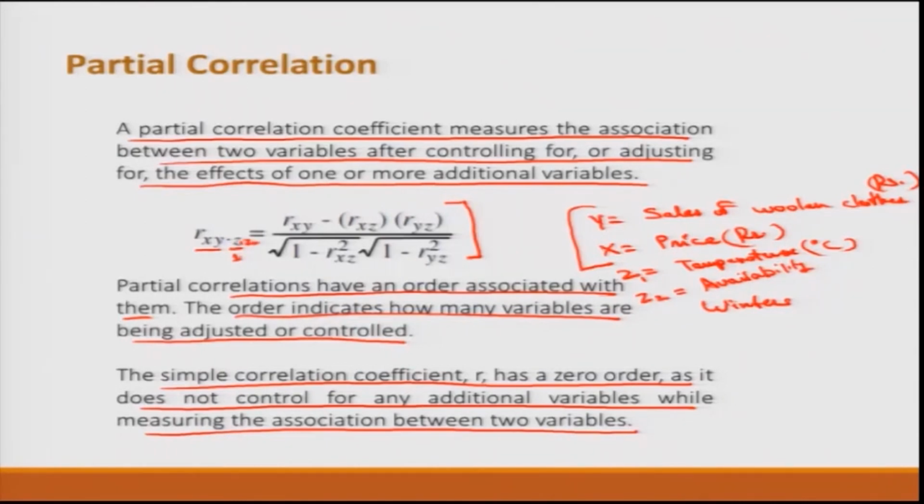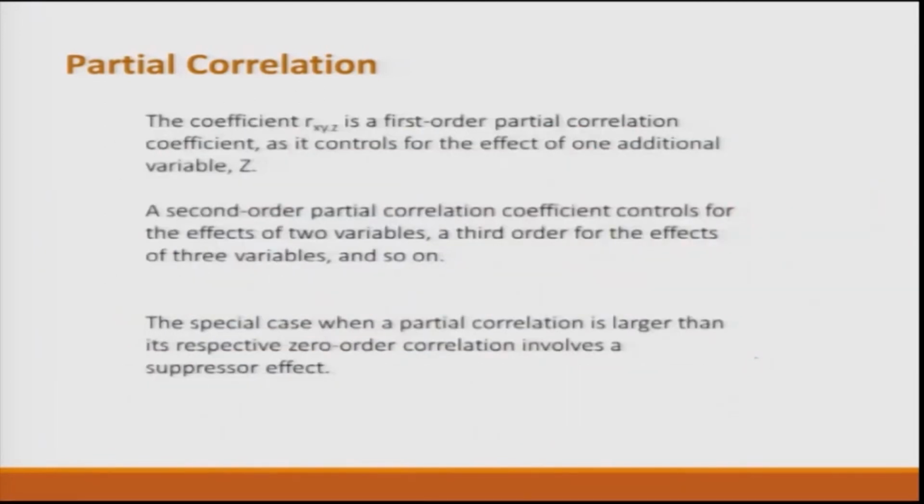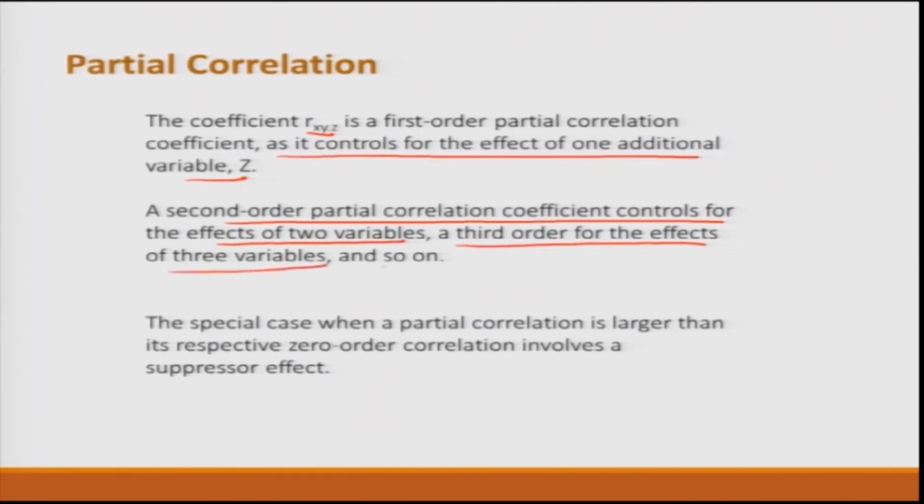Now, this becomes a second order partial correlation. So, this Rxy dot z is a first order partial correlation coefficient as it controls for the effect of one additional variable. The second order partial correlation coefficient controls for the effect of two variables, a third order for the effect of three variables, and so on.